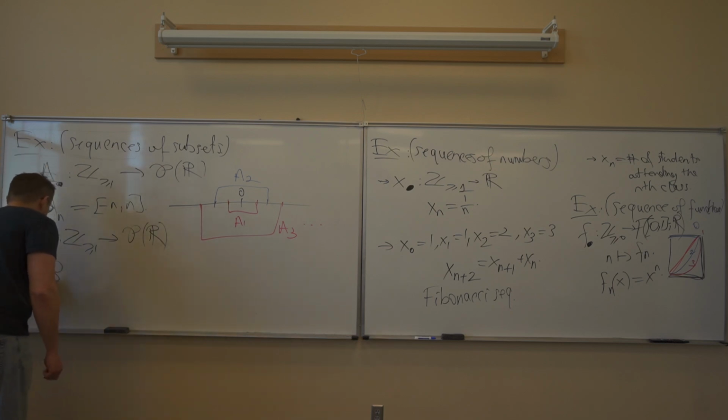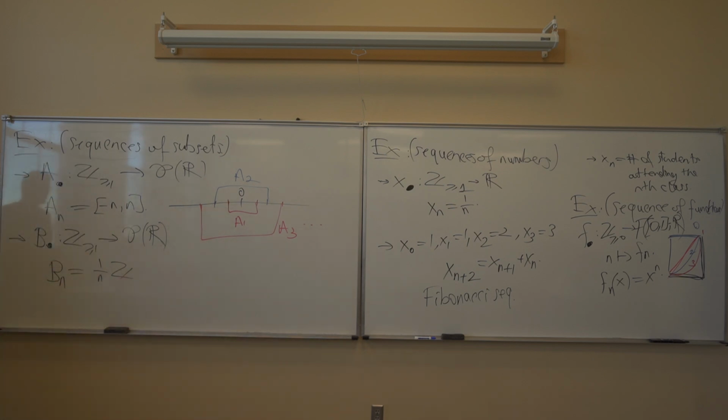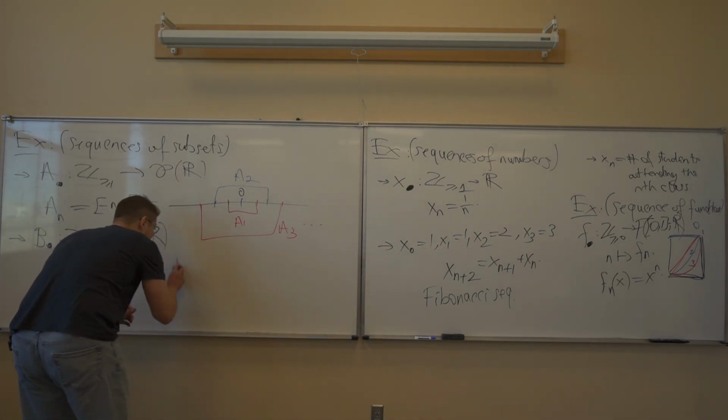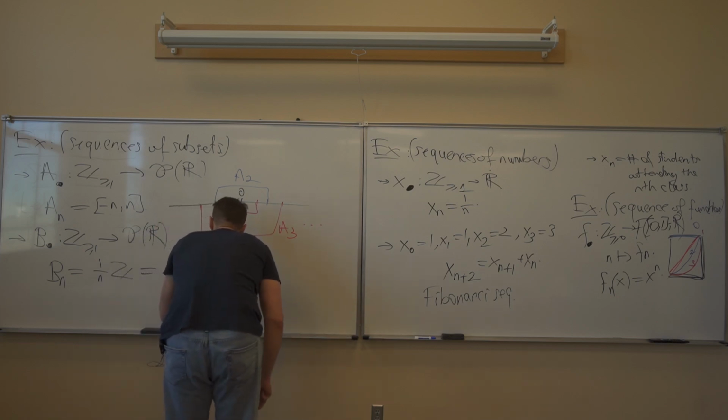So B sub n equals 1 over n times integers. This just means this is a set of 1 over n multiples of any integer. So m over n, m arbitrary.